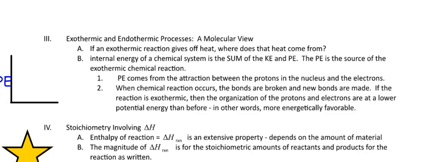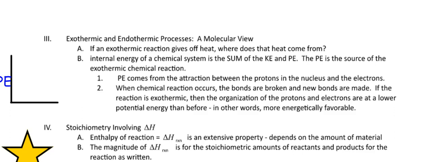All right, so this is an important idea here, exothermic and endothermic processes, a molecular view. So if an exothermic reaction gives off heat, where does that heat come from? You've probably heard me say this before, it comes from the bonds, okay? The internal energy is the sum of kinetic and potential. The potential is the source of the exothermic chemical reaction.